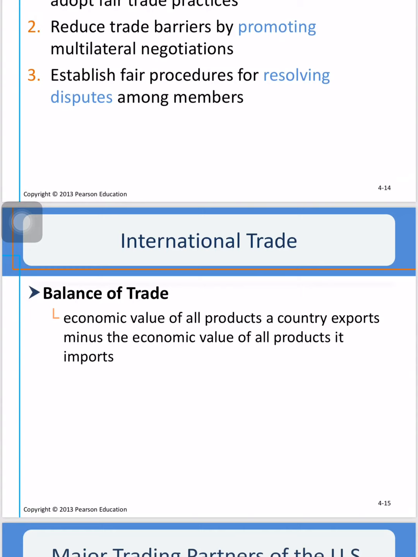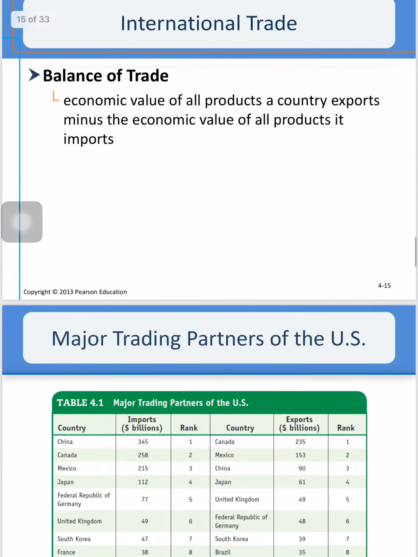Okay, and then if you get a negative result, or if a positive result, which is good. Negative is when you import more than you export. I will explain in the next slide.